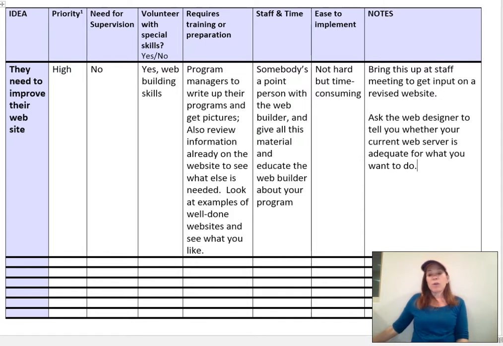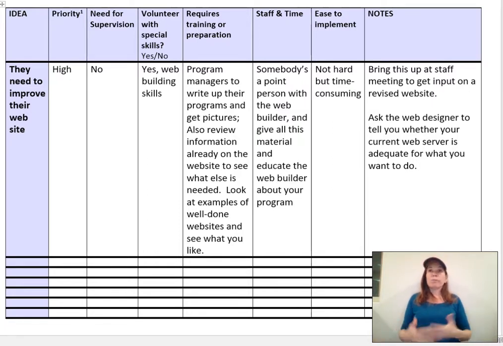And the other thing you may have to do is work with the web designer to figure out whether your current web server and your current setup, maybe you have a WordPress website right now, is going to be sophisticated enough. Maybe you want to add some fundraising stuff and you're not sure which fundraising program will work with WordPress, if you're going to keep WordPress, some kind of an app.